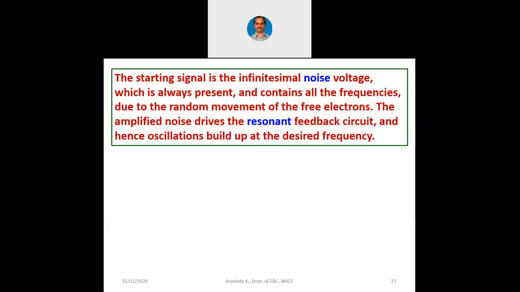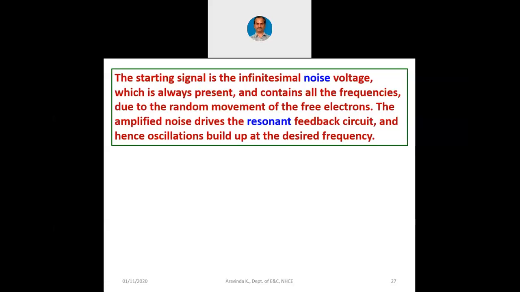Even in the case of JFET, between the gate and the channel, there is a junction. Wherever there is dissimilar material, one N type and one P type, whenever electrons start moving among dissimilar materials, there will be noise.